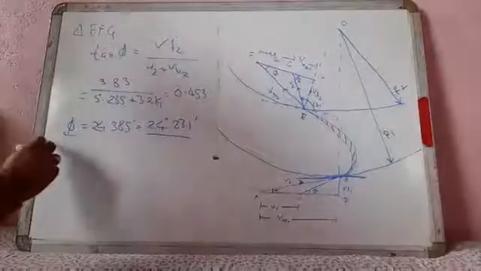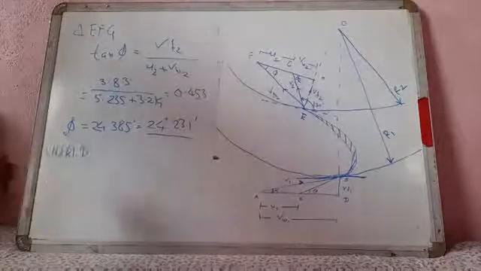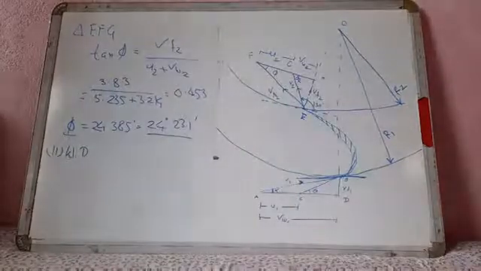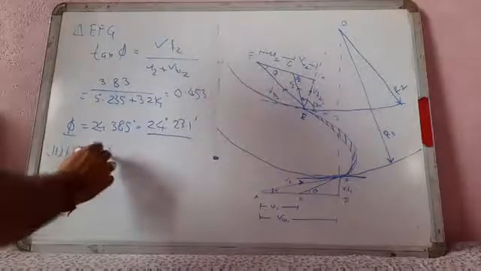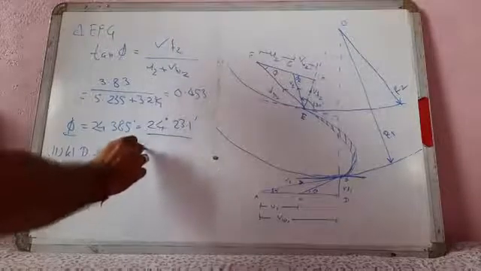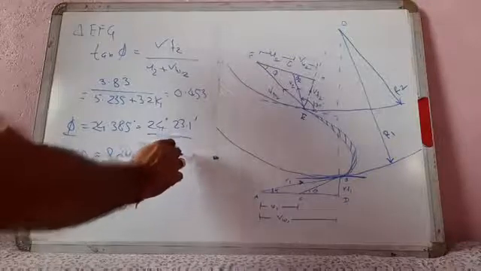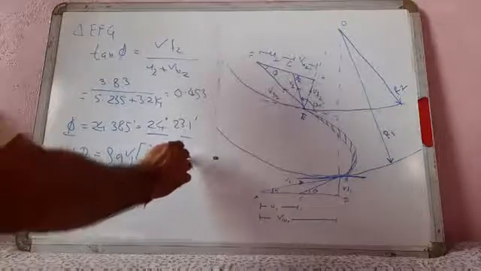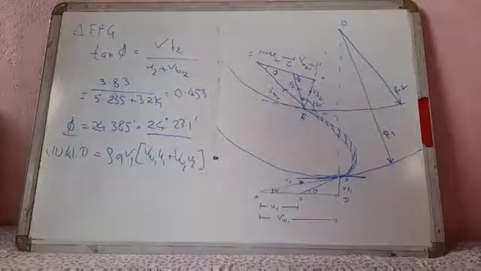Now we have to calculate the work done per second by water, which is given by rho A V1 into VW1 U1 plus VW2 U2. Here the positive sign is taken because beta is an acute angle.